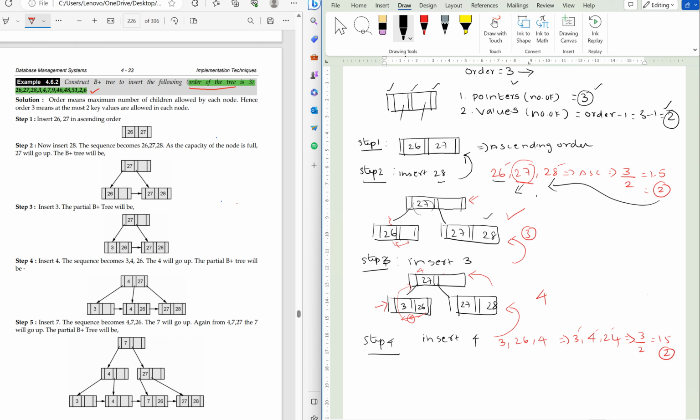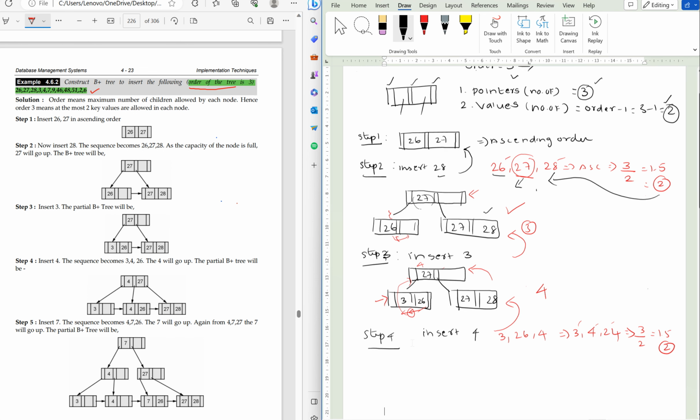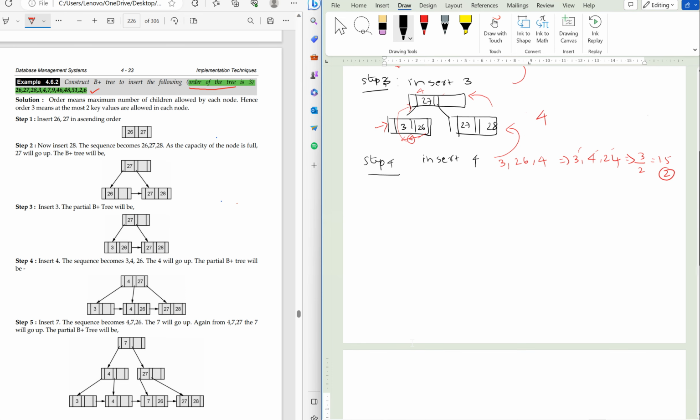So we are trying to insert 4, and you cannot insert here, so we do this operation and take 4 to the upper level. 27 is already there, so since 4 is smaller than 27, it occupies the first position and 27 comes after.